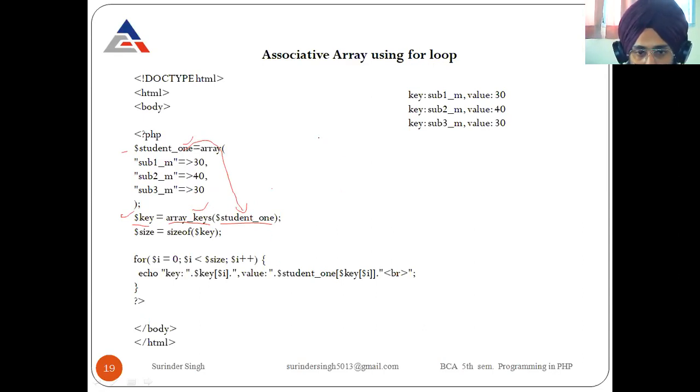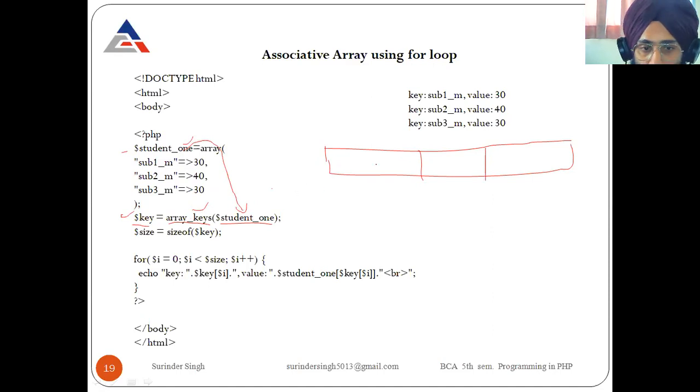Now see first. Here we have the value 30, here we have the value 40, and here we have the value 30 again. I'm not writing the full name of the array, I'm writing only student1. Here we have a key which is subject1_m.